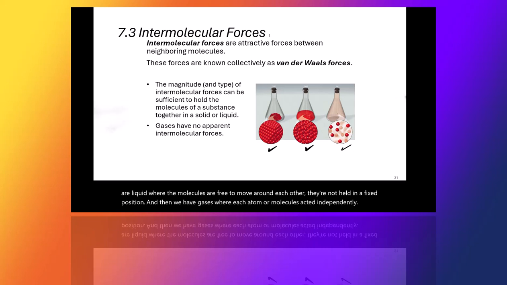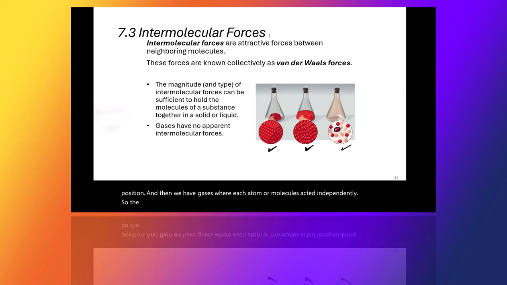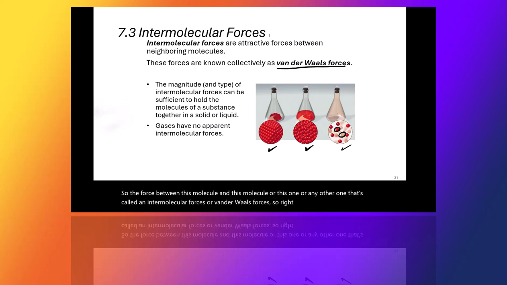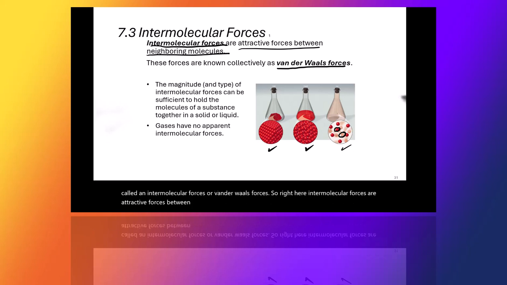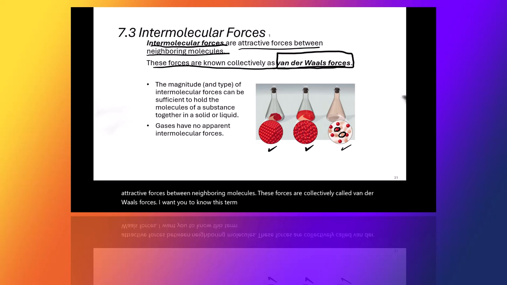So the force between this molecule and this molecule, or this one or any other one, that's called intermolecular forces or van der Waals forces. So right here, intermolecular forces are attractive forces between neighboring molecules. These forces are collectively called van der Waals forces. I want you to know this term here, van der Waals.